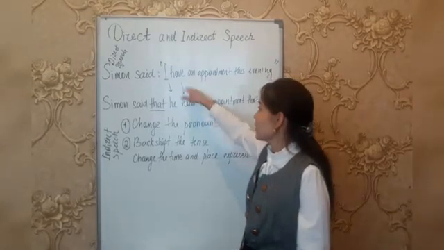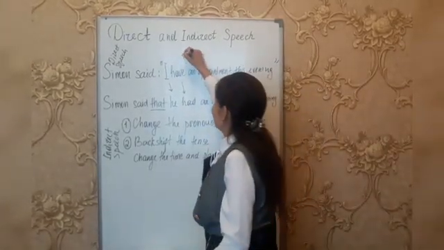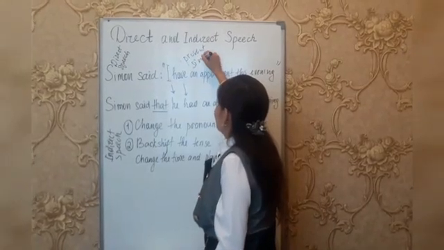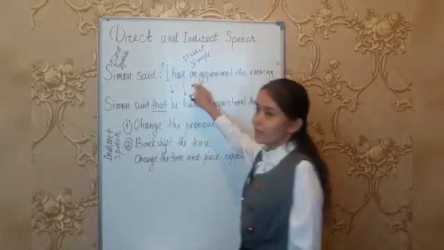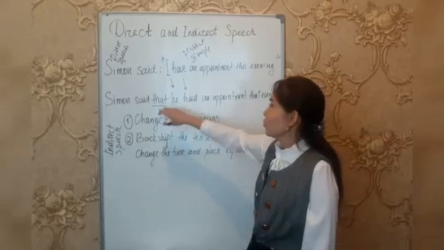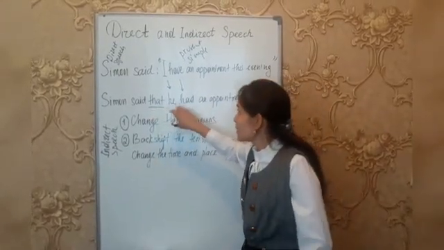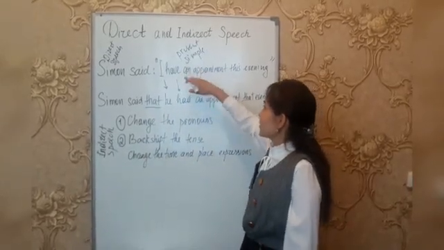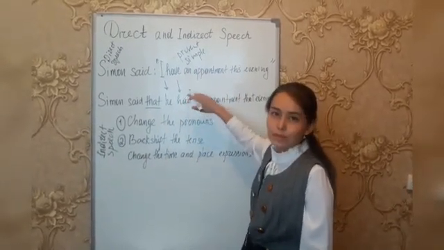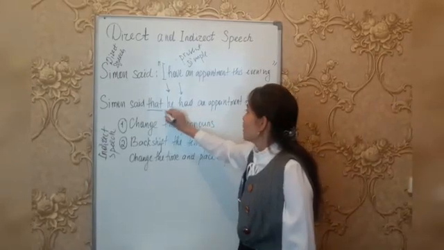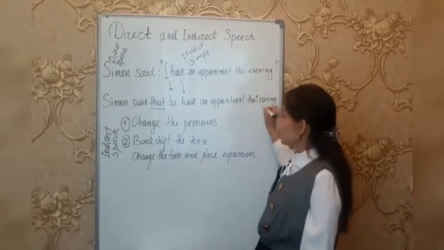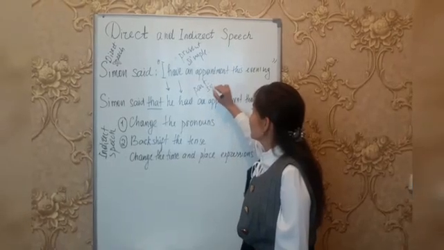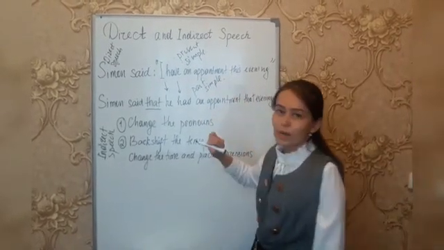So this sentence is in present simple, but when we are converting the same sentence to indirect speech, we are changing the tense of the sentence. He had an appointment that evening. This one is past simple.